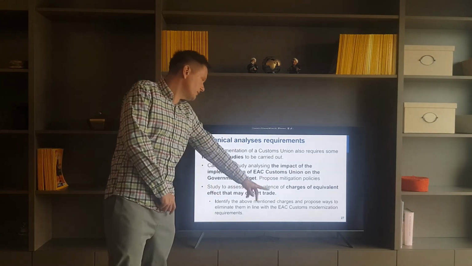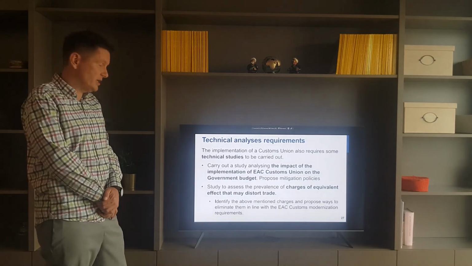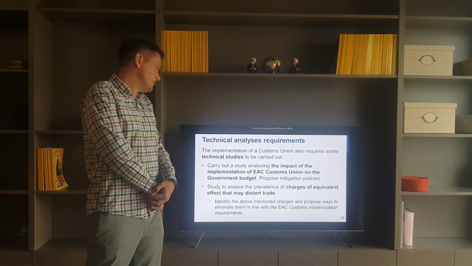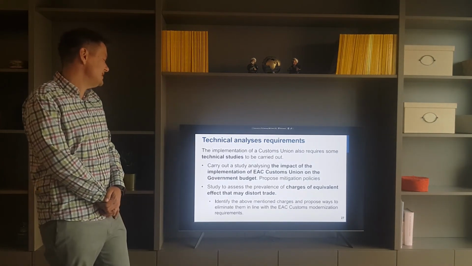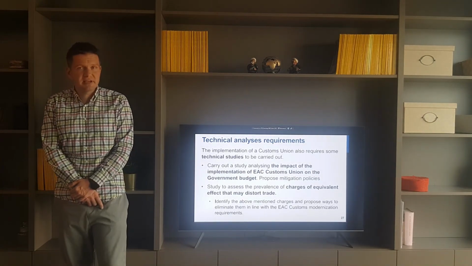Second, a study to assess the prevalence of charges of equivalent effect that may distort trade, identify the above mentioned charges and propose ways to eliminate them in line with EAC customs modernization requirements. That would be the second study.